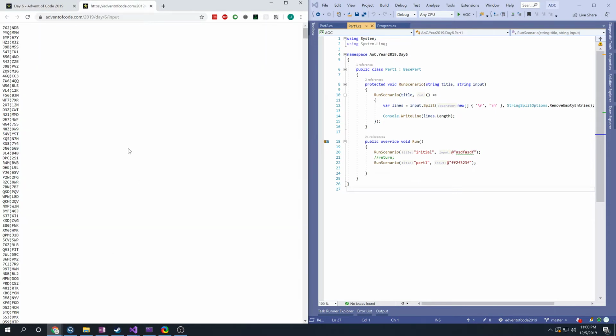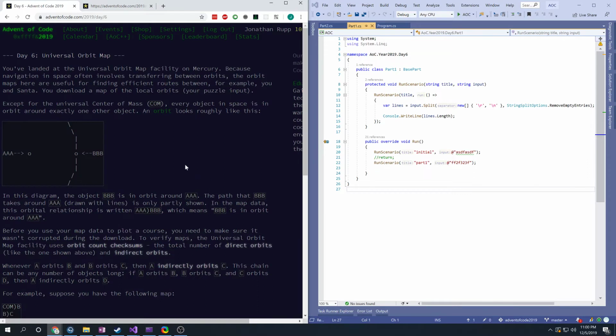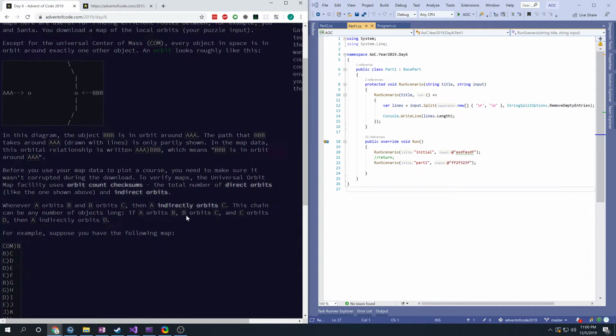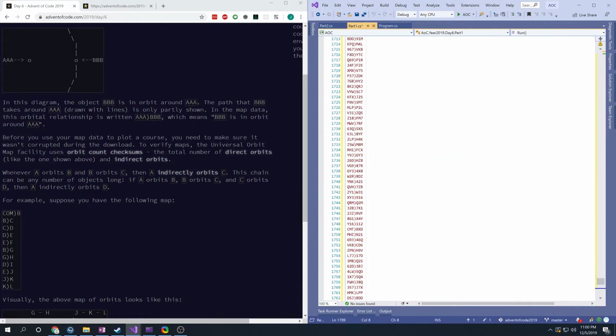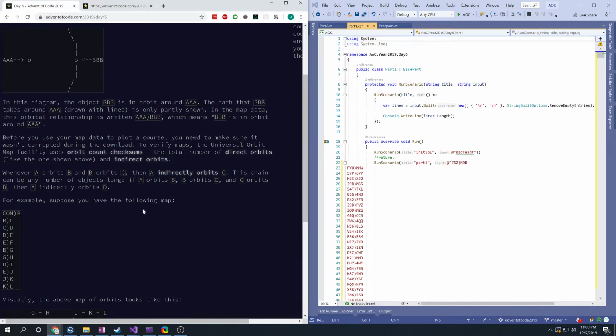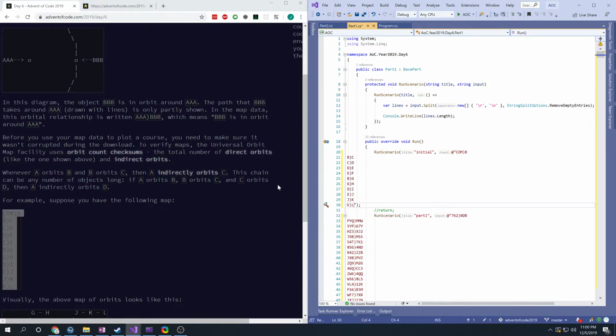Orbits around exactly one object. A orbits a, indirectly orbit.